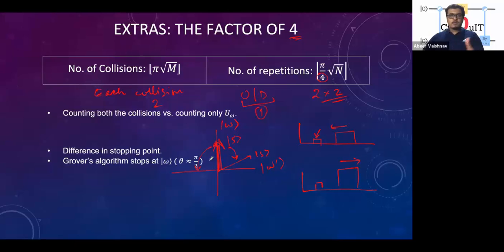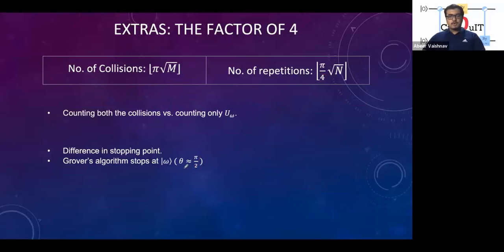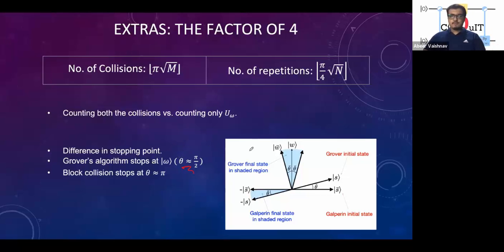So in Grover's search, it actually stops at theta equal to pi by 2. There is a slight error, that's why I wrote approximate. And the block collision stops at theta approximately equal to pi. So we have this particular diagram explaining that. And you can see it starts from the S state.